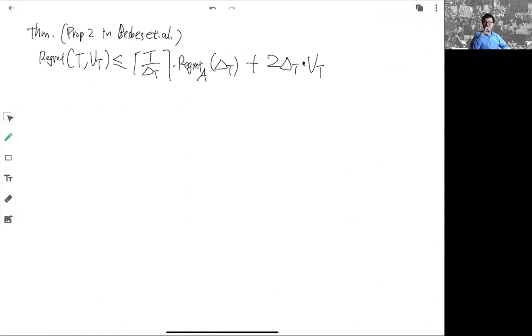Think about this as a general reduction lemma that allows you to reduce dynamic regret minimization to static regret minimization, since you're just cleverly invoking the same algorithm for every batch.